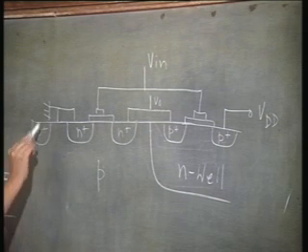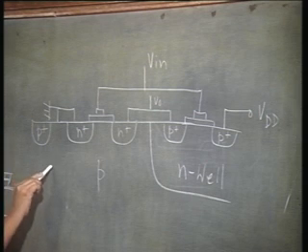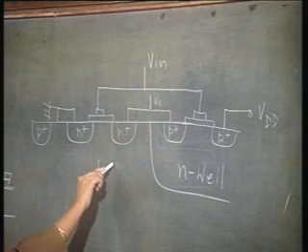This P is tied to ground, so this P is at ground potential. At this N, if you have momentarily a negative voltage appearing, then this PN junction is going to get forward biased. So, what will happen? This N plus region will inject electrons here.